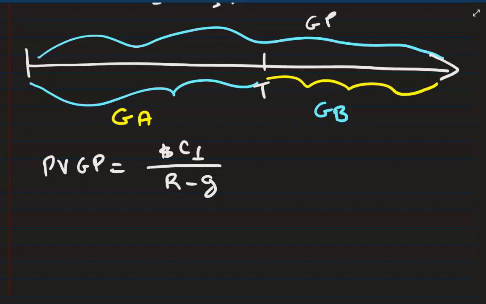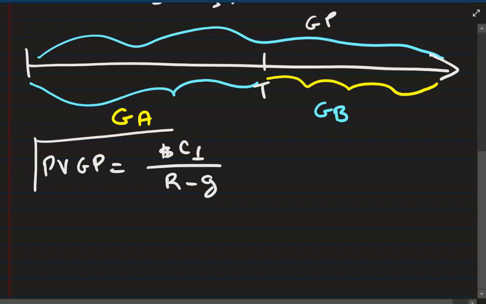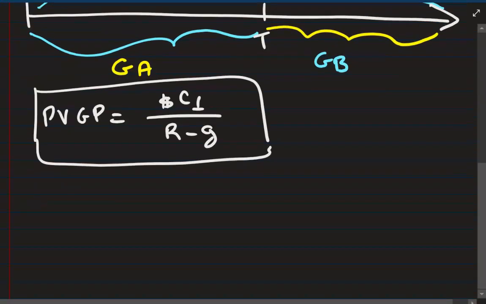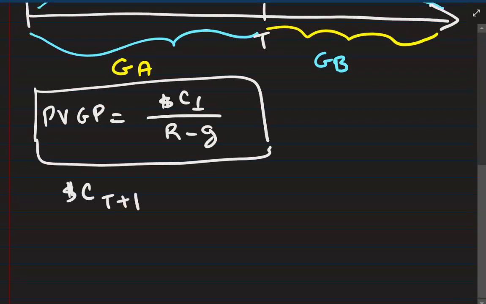And if you look at the formula for a growing perpetuity's present value, the numerator is the first payment. So what is the first payment for GB? Well, that's going to be $C t plus 1, because the first payment of GB is on period t plus 1. We have the formula upstairs: C1 times 1 plus G to the power T.